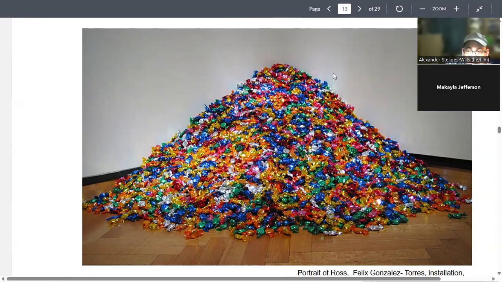As you walk away, you read the next sign that tells you that the piece is designed to function like a clock to count down on time. By the time the pile of candy is down to nothing, it is estimated that Ross will be dead, so it counts out how much time Ross has to live. And it's an amazing piece.